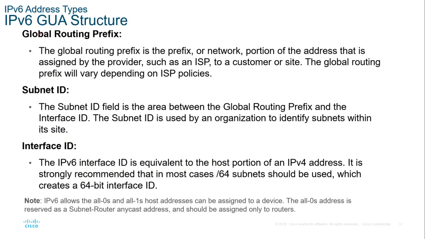So the structure: we have global routing prefix, which is the prefix, so you can call it network, or the portion of the address that is assigned by a provider such as an ISP to a customer or a site. The global routing prefix will vary depending on the ISP policy.